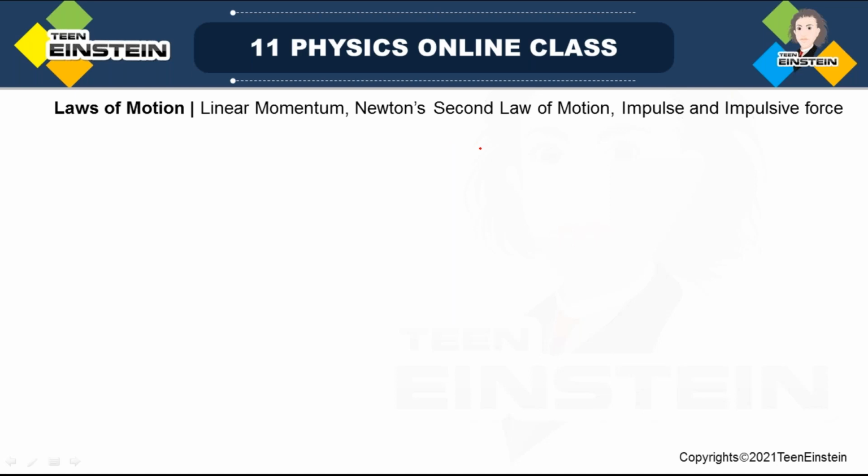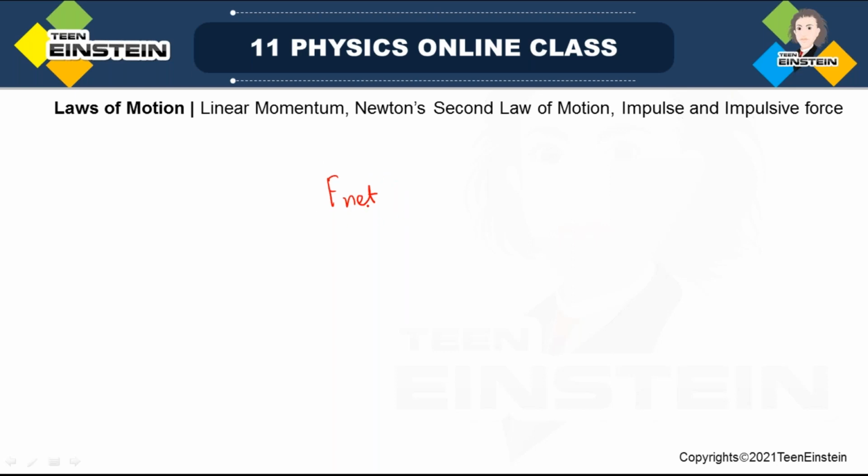We need to define a physical quantity that has a direct relationship with the force, and that is actually linear momentum, or sometimes it is written simply as momentum. So that's why we need to learn what is linear momentum. I'll just brief out what I tried to say. If we apply net external force to any object, how is this force going to affect the motion?